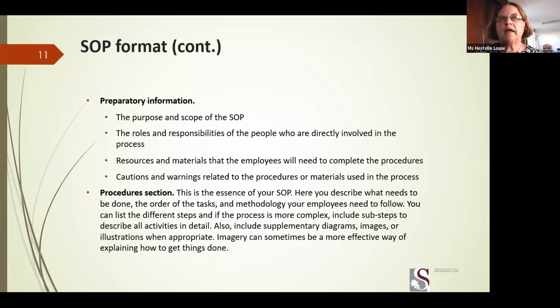For example, and I've seen that, let's take an SOP about how to do blood pressures and vital signs, of which blood pressure is part.